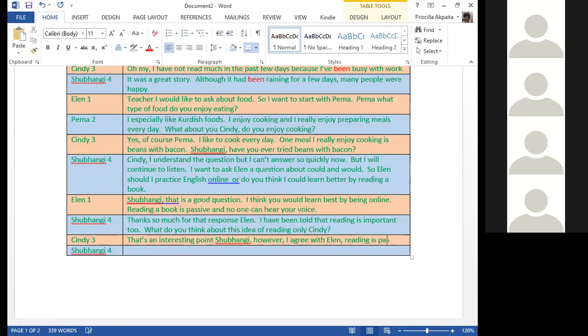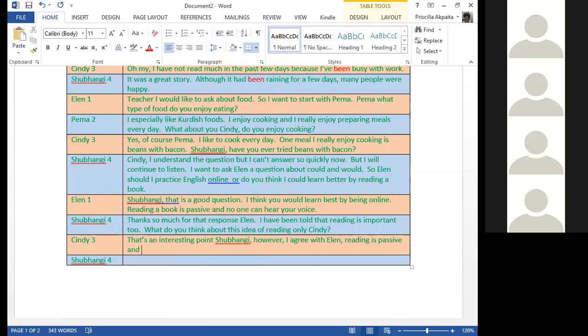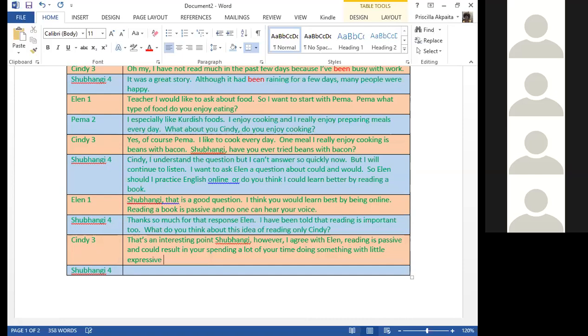Reading is passive and could result in your spending a lot of your time doing something with little expressive value by voice. What do you think about this answer, Hema?